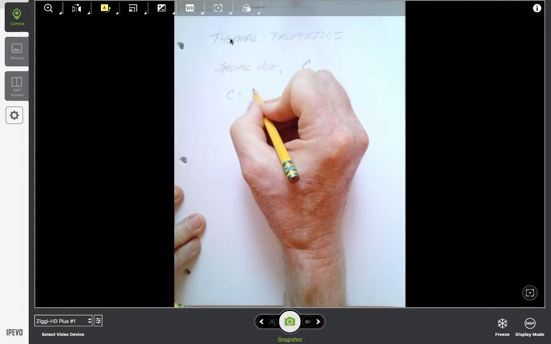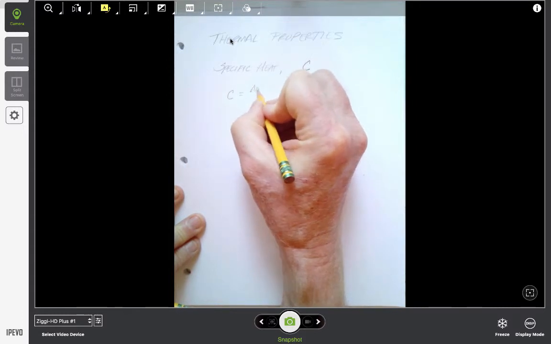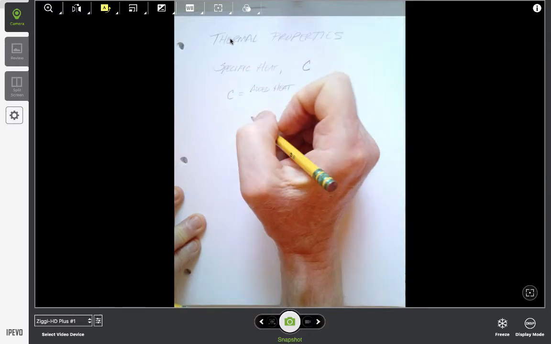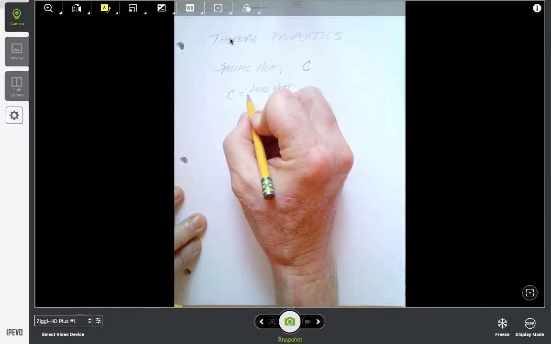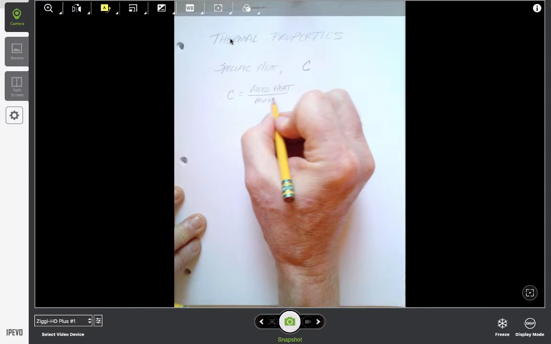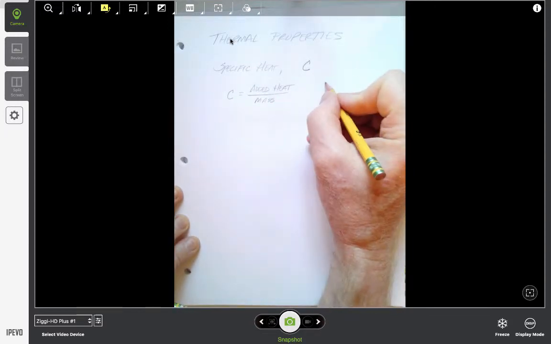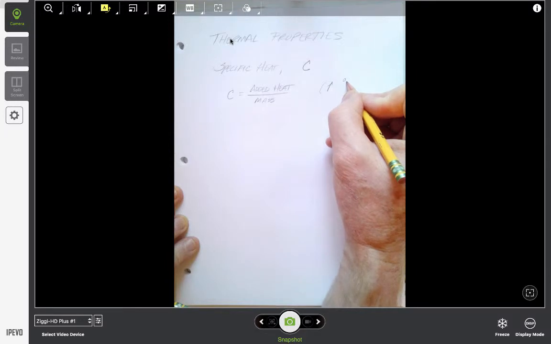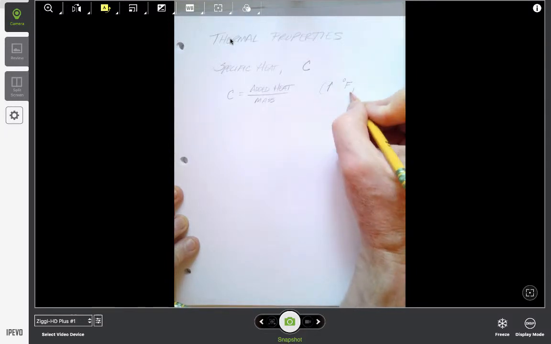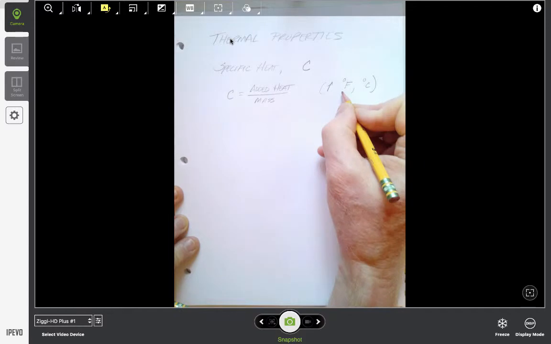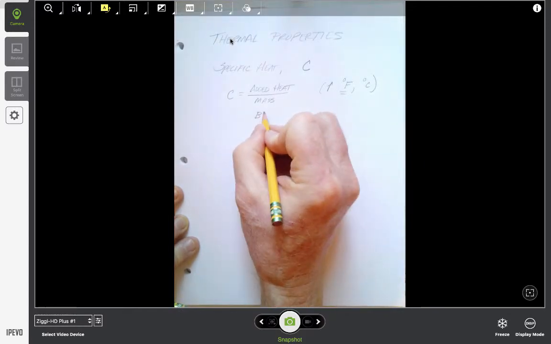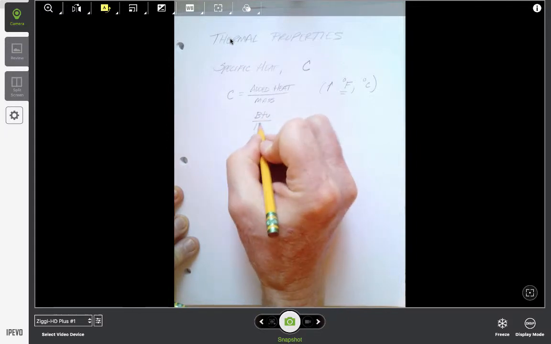C is equal to the added heat per mass that raises the temperature 1 degree Fahrenheit or 1 degree Celsius. If we're in the imperial system, the units of heat are BTUs per pound.